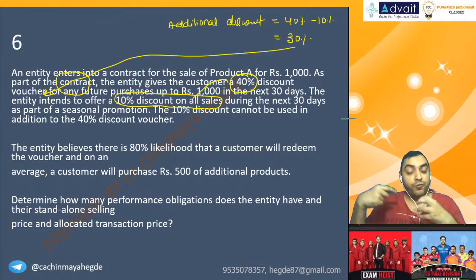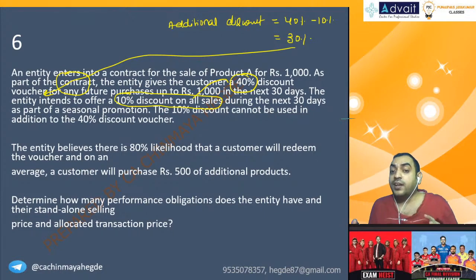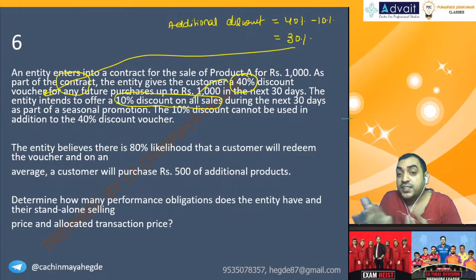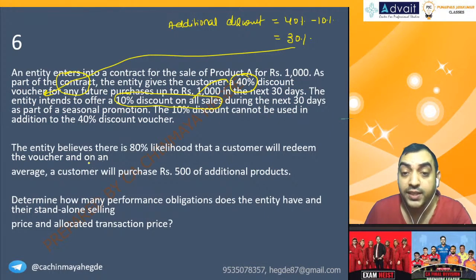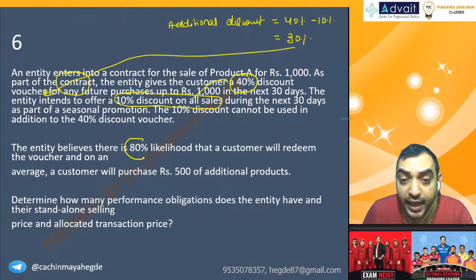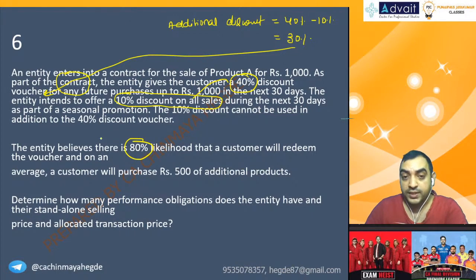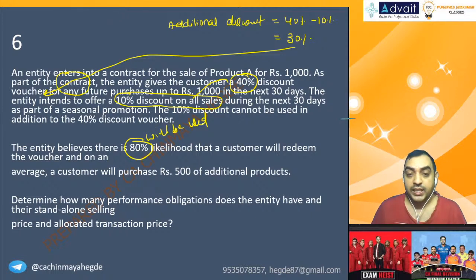Now 10% anyway will happen for all products, that is not relevant for this contract alone. For this contract you have 40%. For other contracts anyway you will have 10%. So what is the thing which is allocable for this contract? 30%. An entity believes only 80% likelihood, means only 80% will be used, that they will redeem the voucher on an average, and customer will purchase rupees 500 on additional products.